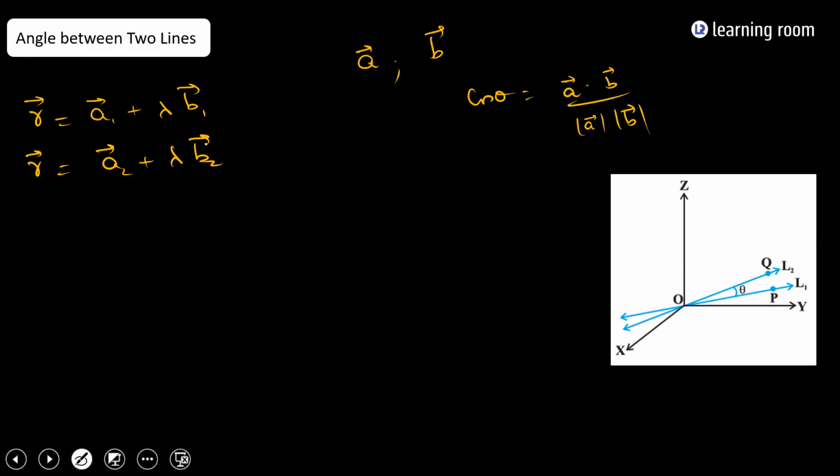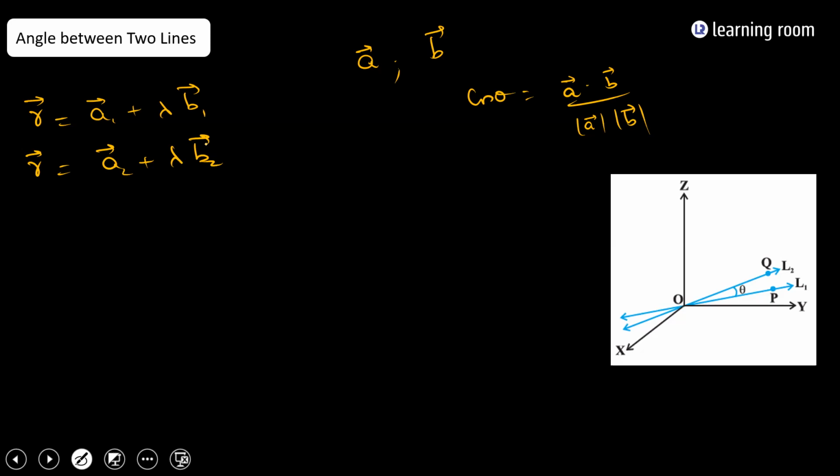I wrote it as A1 and A2 because A1 is a point on line 1 and B1 is a vector to which the first line is parallel. Similarly, R vector is equal to A2 vector plus lambda times B2 vector. A2 is a point on the second line and B2 is a vector to which the second line is parallel.